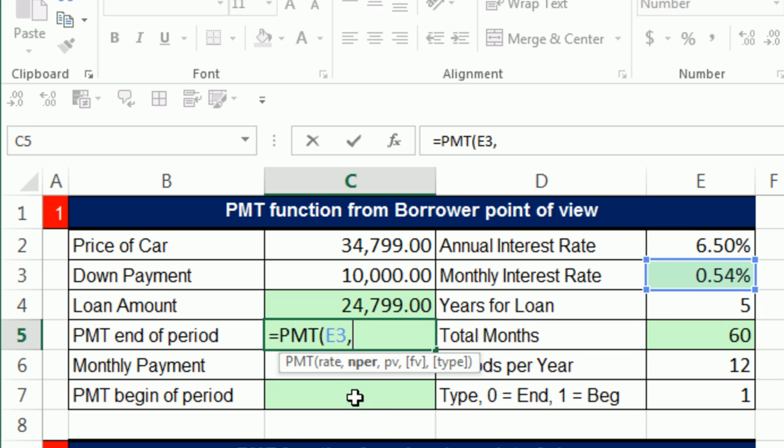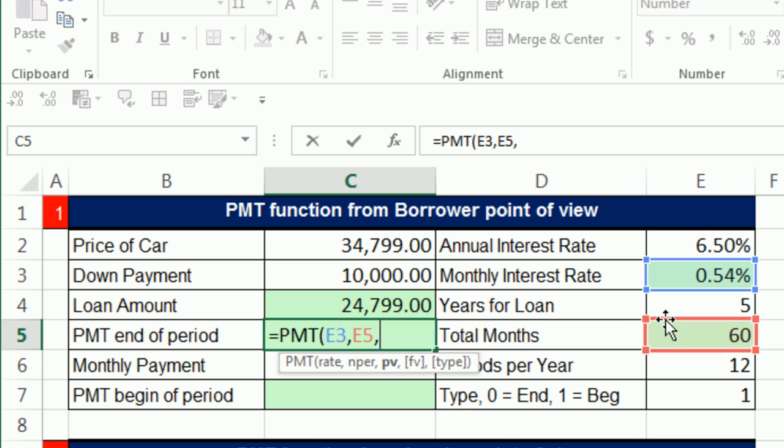NPER means number of periods. And in particular, it means total number of periods. So that's 60. Comma, the present value. Present value just means on the day you went out and borrowed the loan, how much was the loan worth? What is the present value of that loan? Well, it's $24,799. But here's our first cash flow.